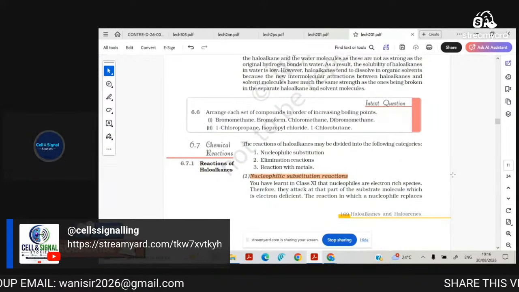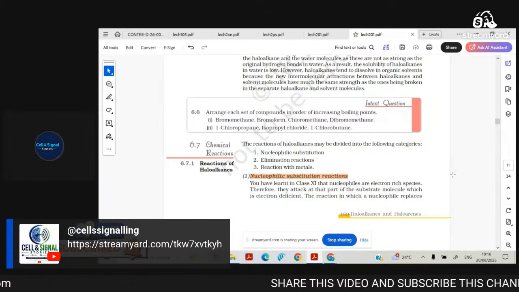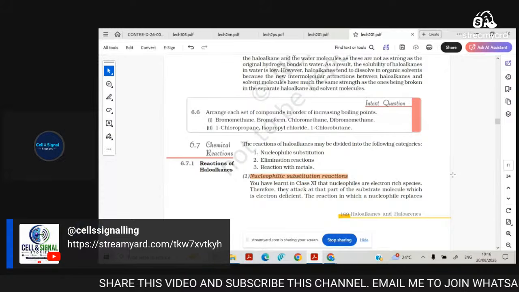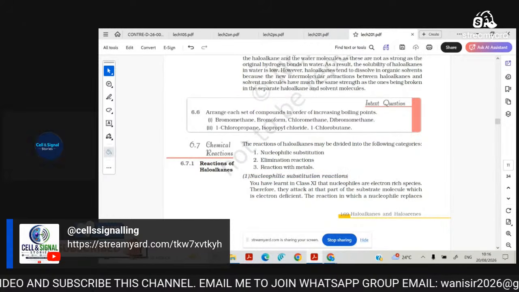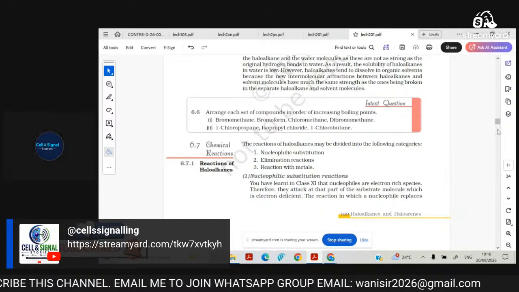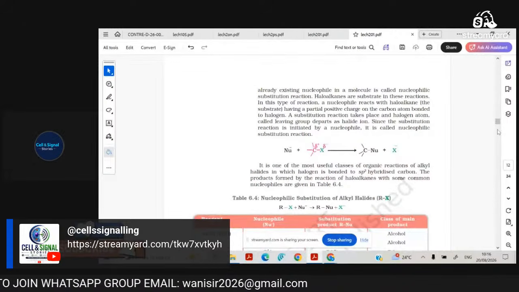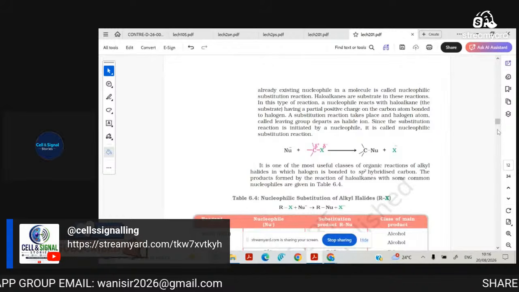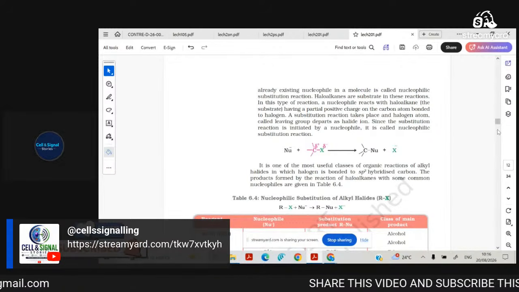If this happens, then this reaction is called a nucleophilic substitution reaction, where the nucleophile replaces the substituent group. Okay, so this is very important: it replaces the already existing nucleophile in a molecule. That means the one being replaced by the nucleophile is also a nucleophile.